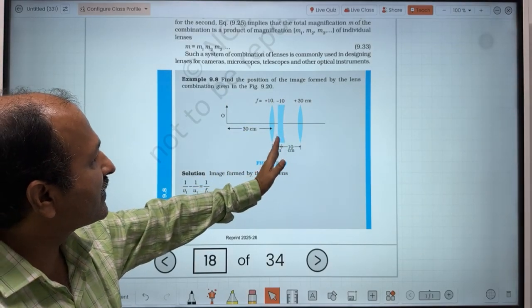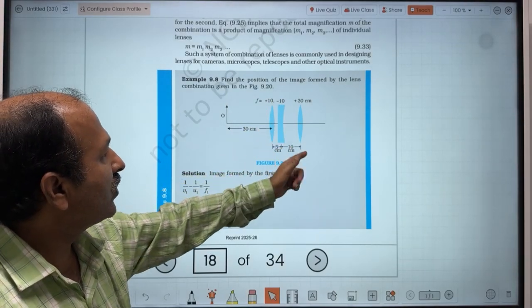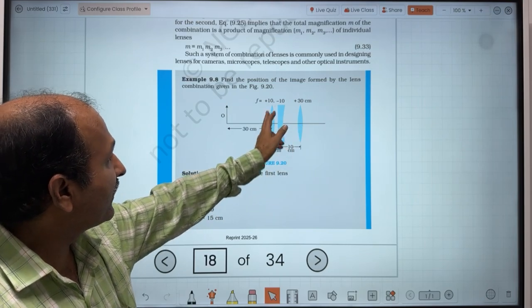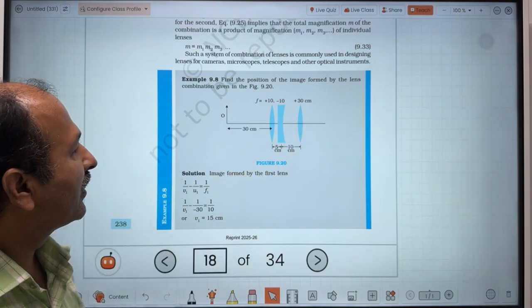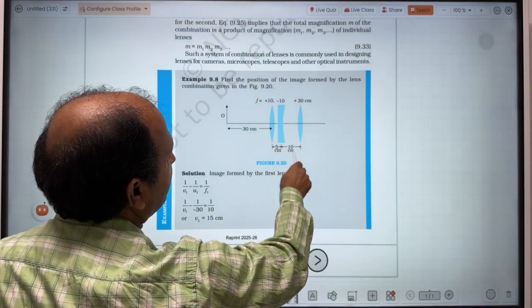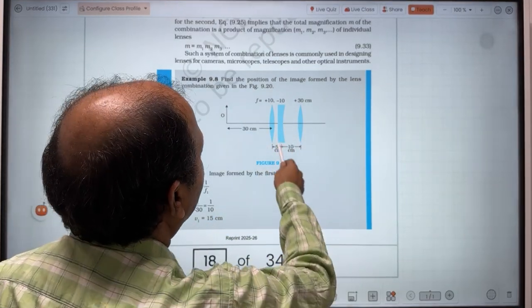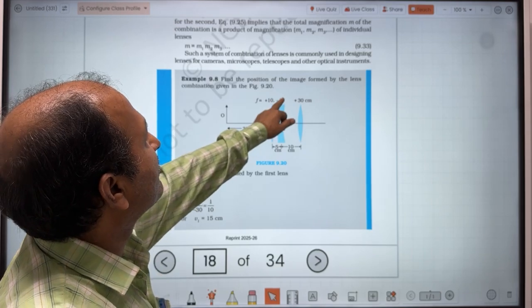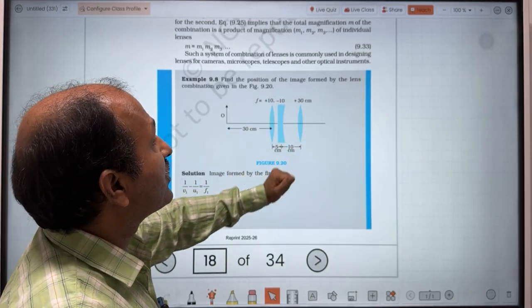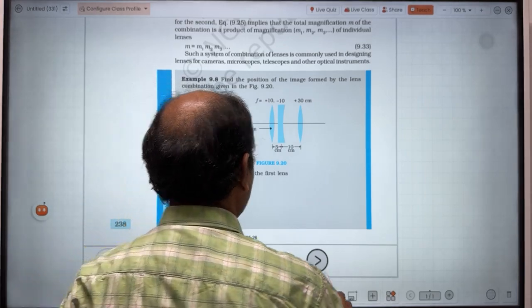This lens is at a distance 5 centimeter from the first lens. Since the image by the first lens was formed here at 15 centimeter, the object distance for this lens will be just 10 centimeter. Then again we do the calculation with focal length minus 10 and object distance 10 centimeter positive, right?